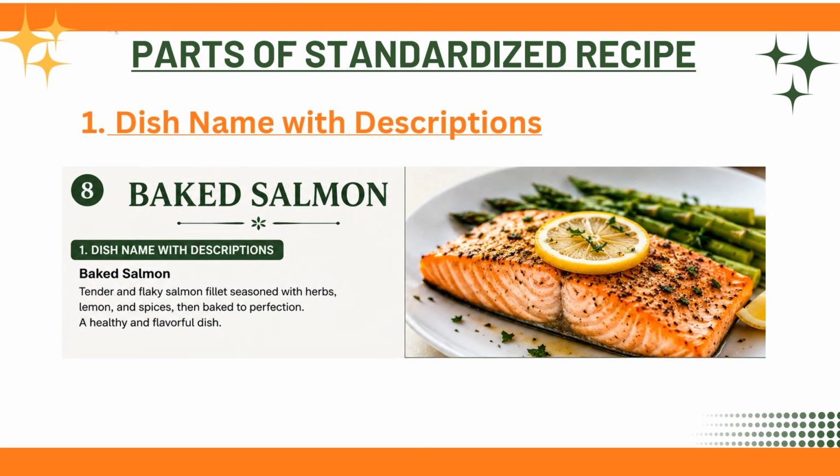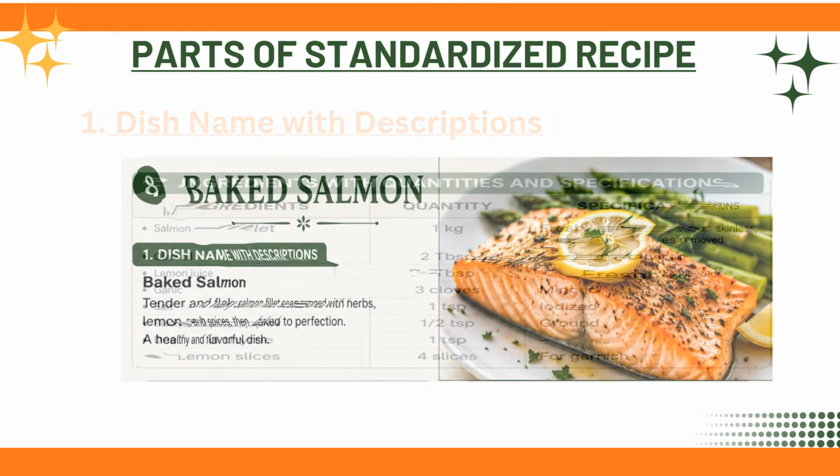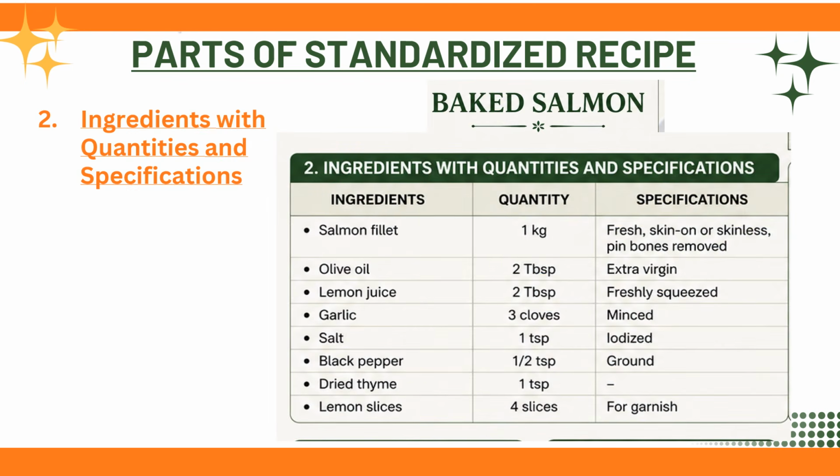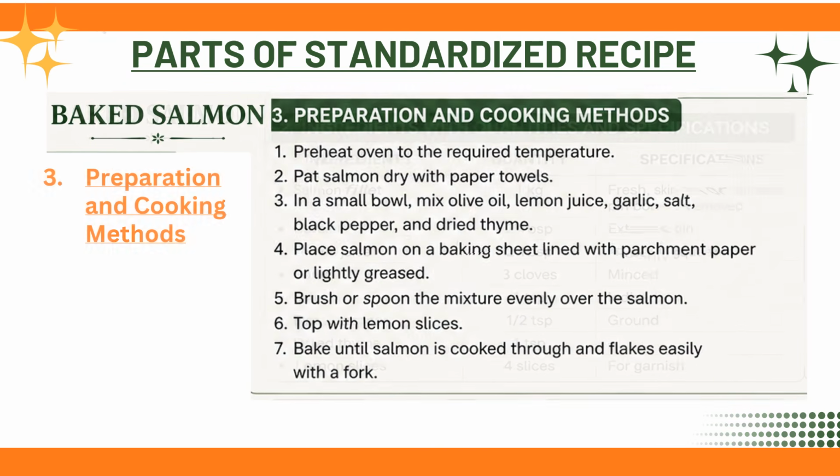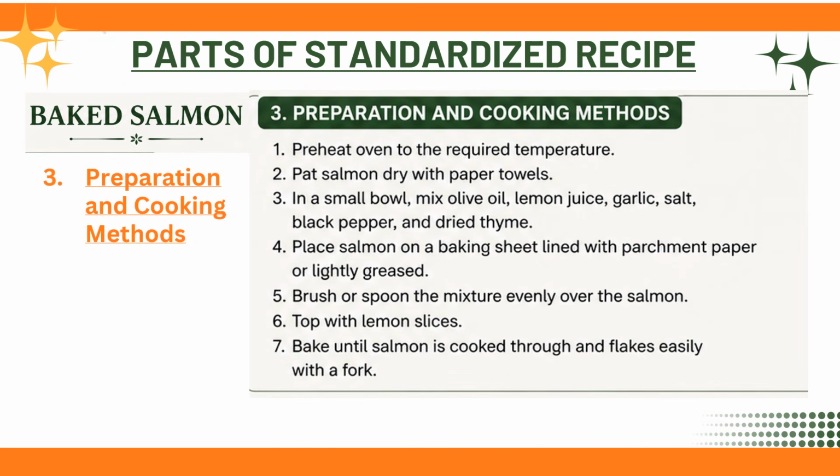Here is an example of a standardized recipe. Baked salmon. Number 1, parts of the standardized recipe is the recipe name with description. Number 2. Ingredients with quantities and specifications. Number 3. Preparation and cooking methods.